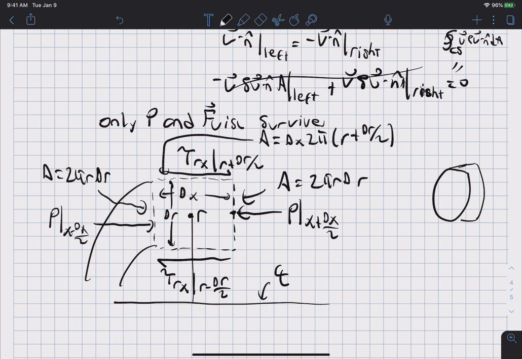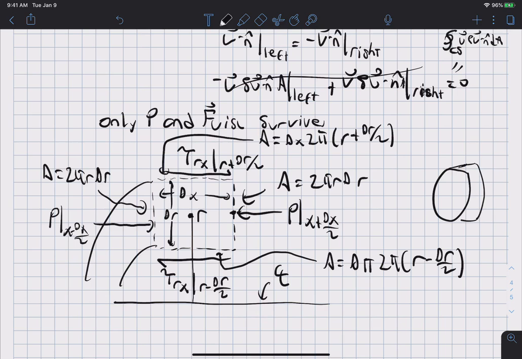Okay, and so that's just the area of a ring. Okay, and then we got the bottom. The area here is equal to delta x times 2 pi times the radius at this position here, and that's r minus delta r over 2.